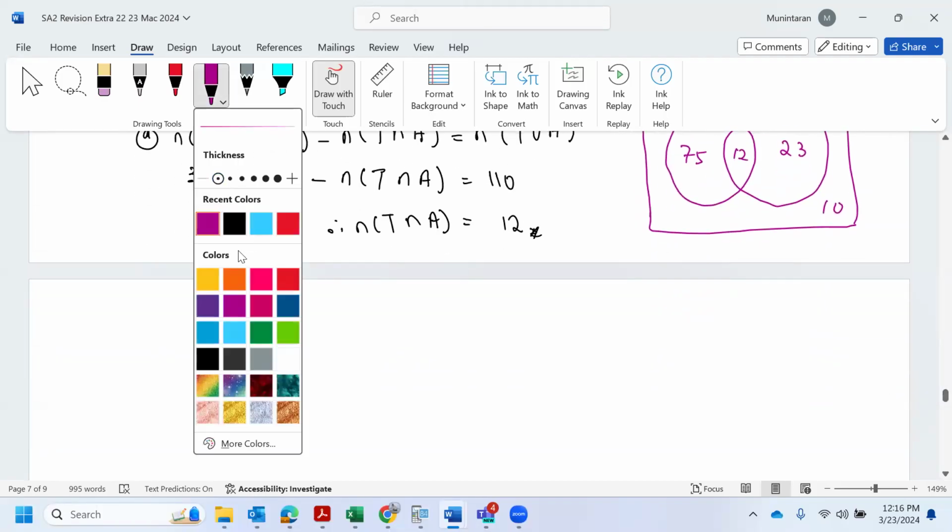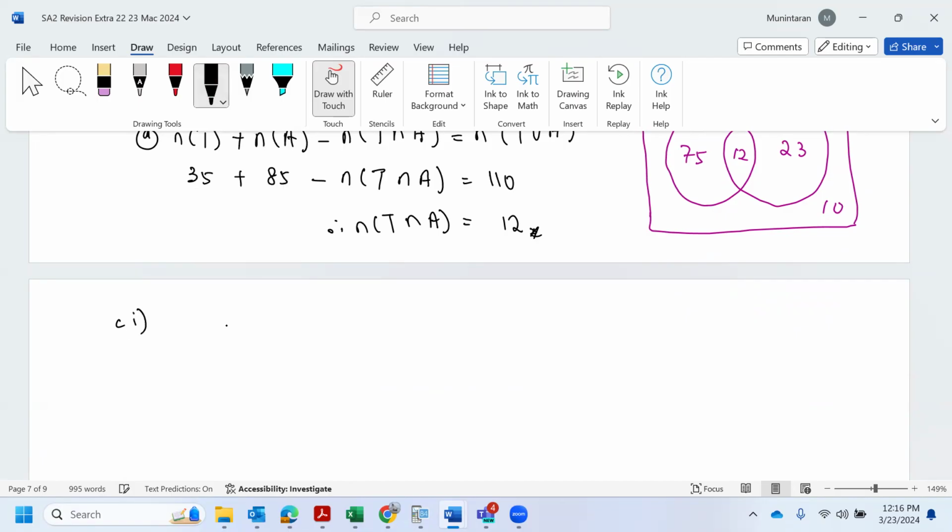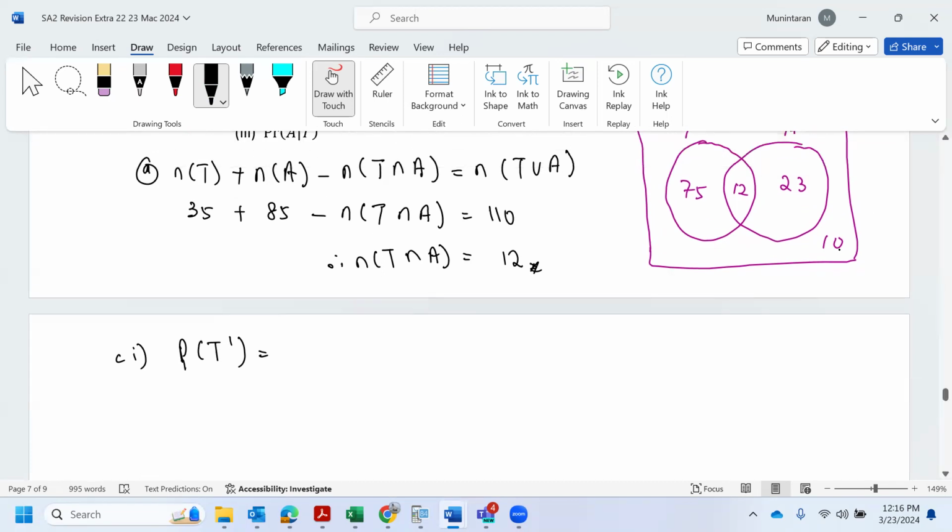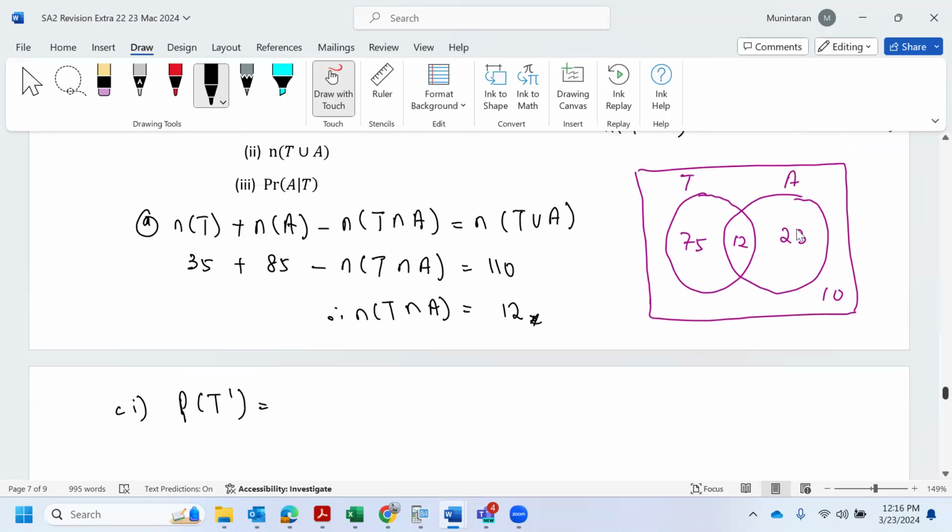Okay, we are almost there. Next is your C1. You're supposed to find the probability of T prime, not in T. You can either do 1 minus T, but I think not in T is very obvious: outside T is 23 and 10. So that is 33 over 120, in simplest fraction 11 over 40.